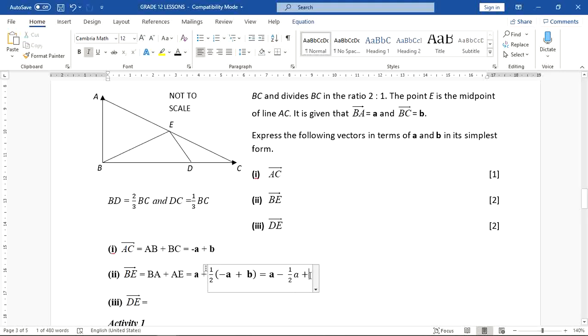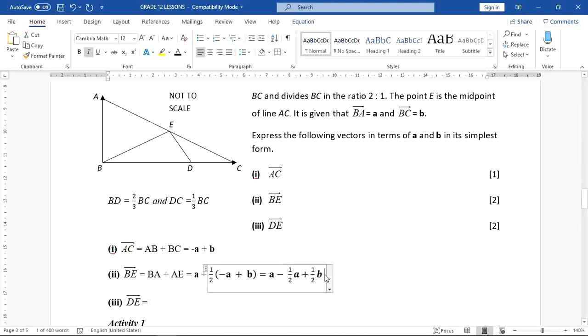I just bold this, and I also bold the a. Now we need to simplify. 1a and half an a are like terms, so 1 minus a half should give us half an a. So the final answer should look like this.